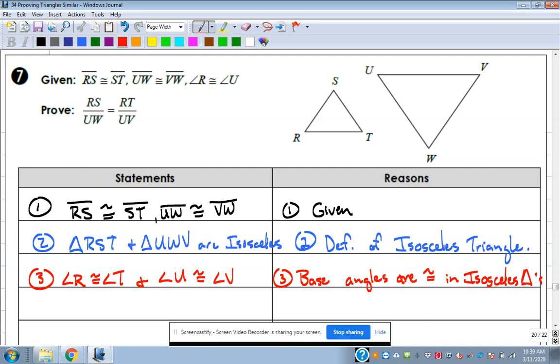Next, R and T are congruent, and U and V are congruent, and R and U are congruent. Does that mean T and V are congruent? R and U are congruent, that's our given, so I'm gonna bring that in because I hadn't put that down yet.